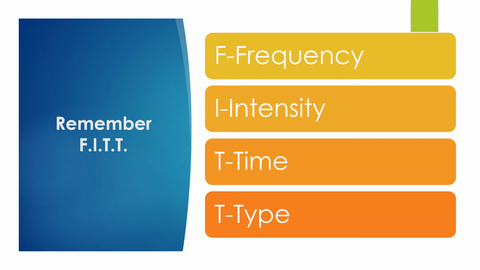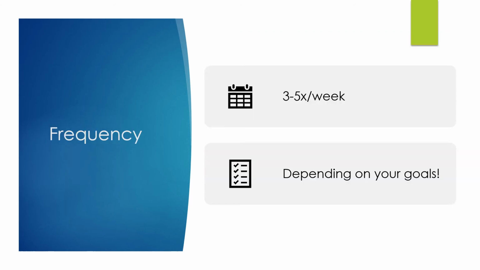Remember the FIT principle? It stands for frequency, intensity, time, and type. This is what we use to guide exercise. Frequency is the number of times you exercise each week. It is recommended that you do some type of aerobic activity 3 to 5 times per week, depending on your goals.